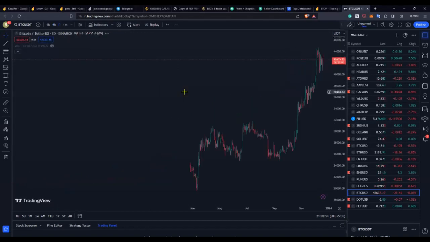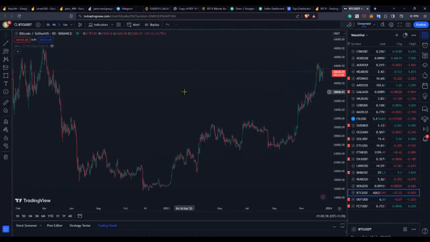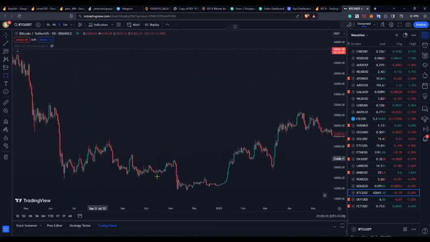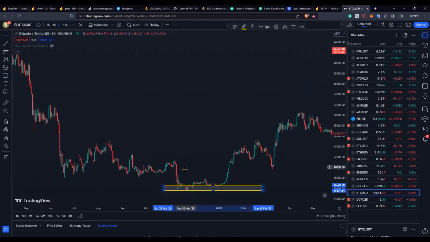Now, why do we have to use a trend line? We understood support and resistance because there is supply and demand, there are buyers and sellers, everything. And we understand why we draw support like something like this, using a rectangle and not with a line.